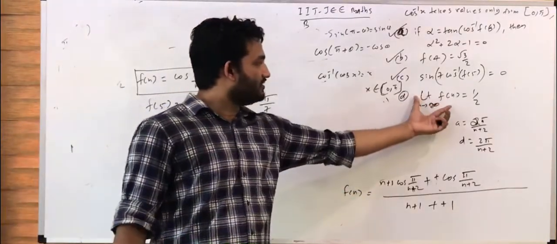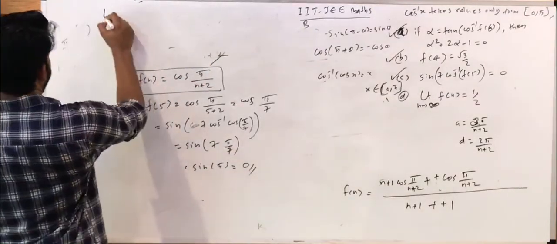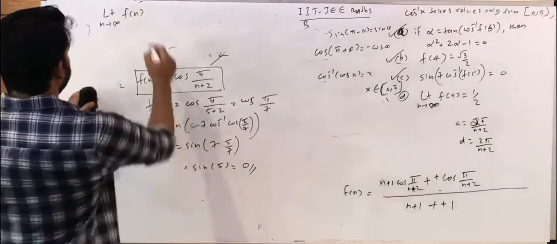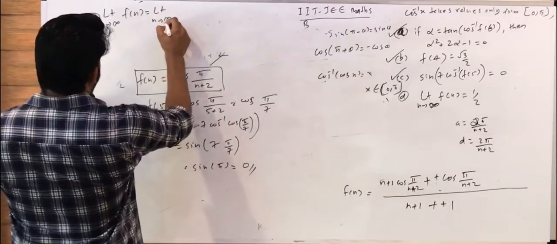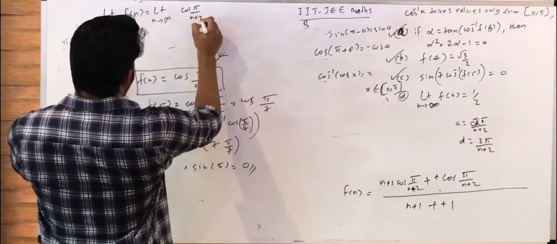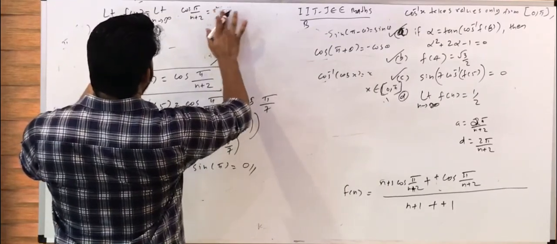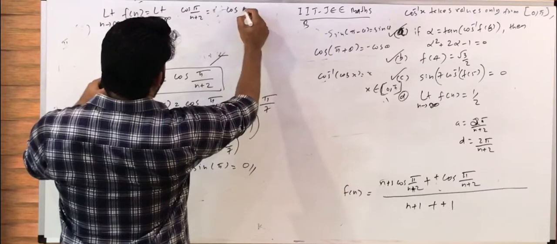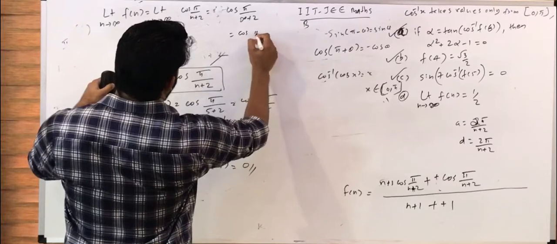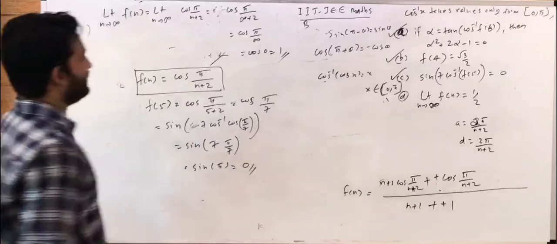So we need to check option D also, that is limit n tends to infinity f of n, that is equal to limit n tends to infinity. What is f of n? Cos pi by n plus 2, that is equal to limit, that is cos pi divided by infinity plus 2, that is cos pi by infinity, that is equal to cos 0, that is equal to 1.